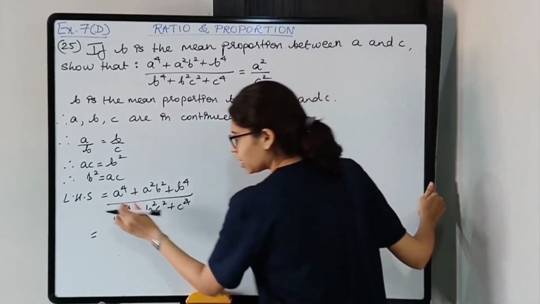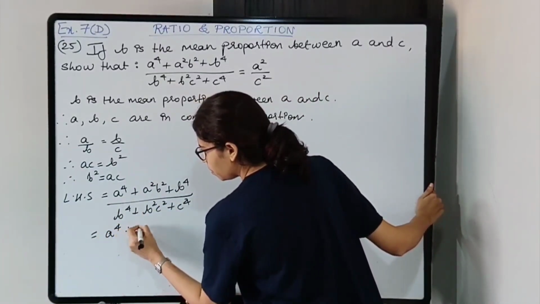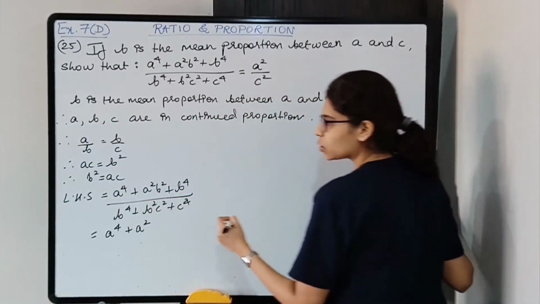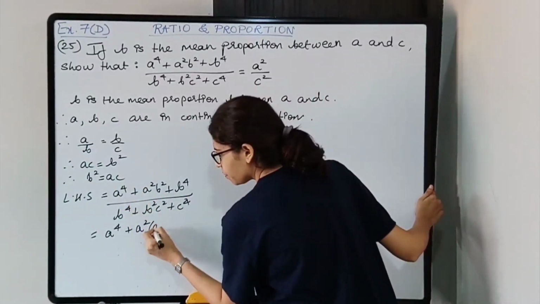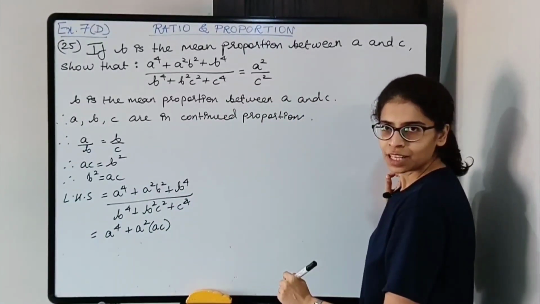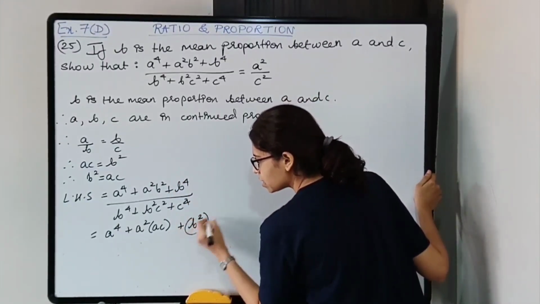A raised to 4, nothing over here, plus A square B square, so B square is nothing but AC, and B raised to 4. Now I can rewrite this as B square whole squared.